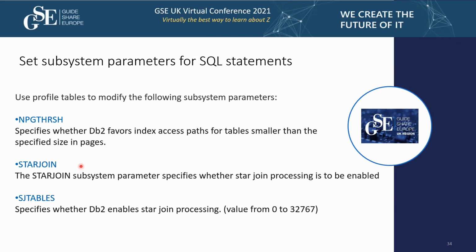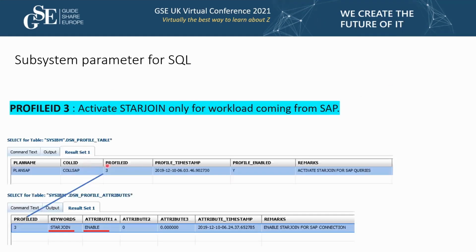Star join can be activated without any problem, I guess, in a data warehouse environment, but in an OLTP, a CICS Db2 transaction-oriented environment, star join can be dangerous to activate because it's very expensive, because the Db2 optimizer can apply star join improperly. So with a Db2 profile, I can activate star join only for a specific workload, for example, for a specific application. And this is the example, profile ID number 3.